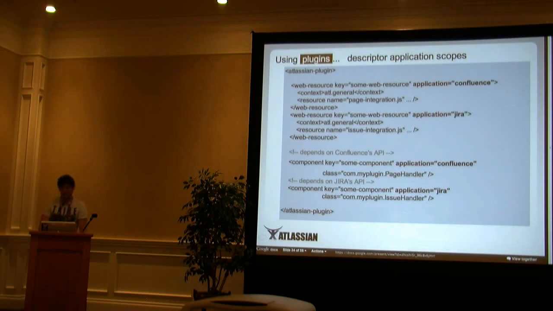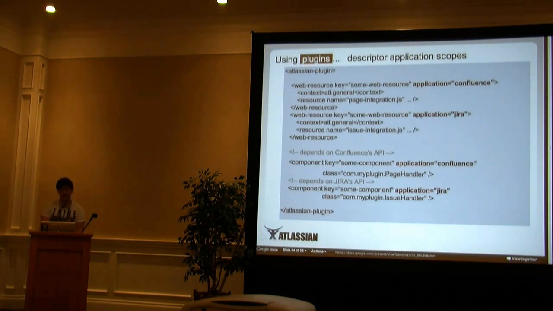Now the second couple of modules I've got defined here are component modules. Now this is a slightly more critical piece. With the first couple of JavaScript files, sure, it might mess your application's UI up if you start it up in the wrong application. But with components, these particular classes that they're targeting, the page handler and the issue handler, are actually compiled against their respective APIs.